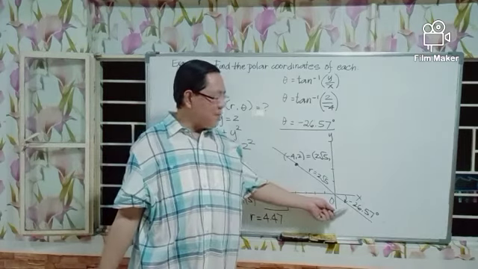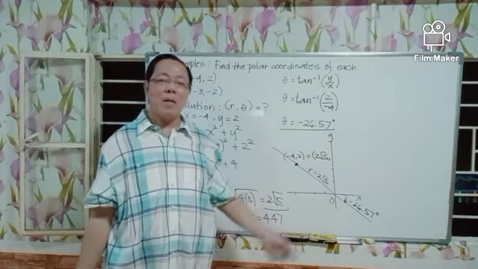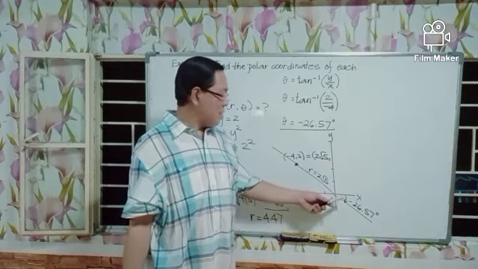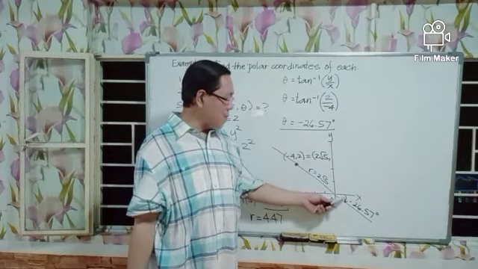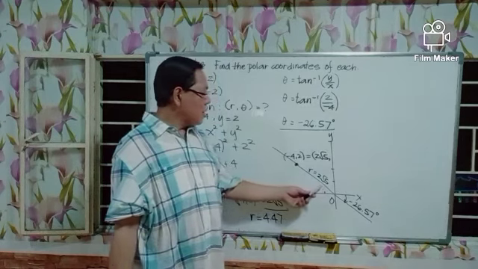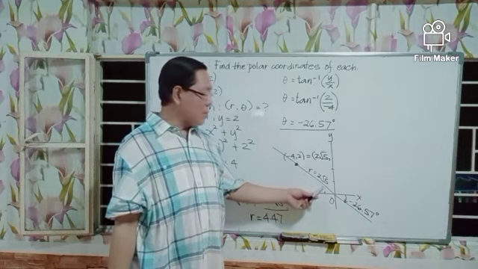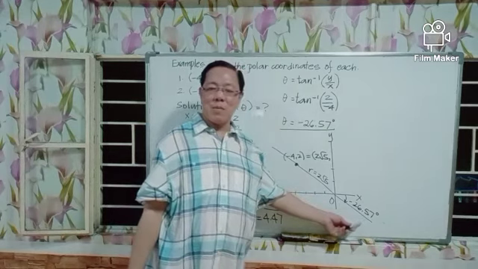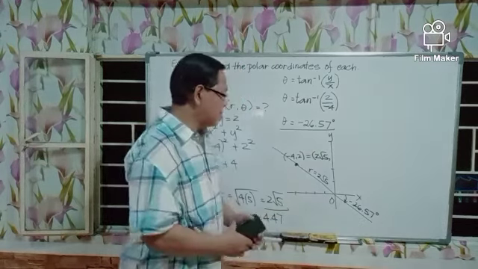Instead of negative 26.57, we must write the positive angle in standard position measured from the positive x-axis to this side, to this line, this ray, opposite the terminal side of negative 26.57.